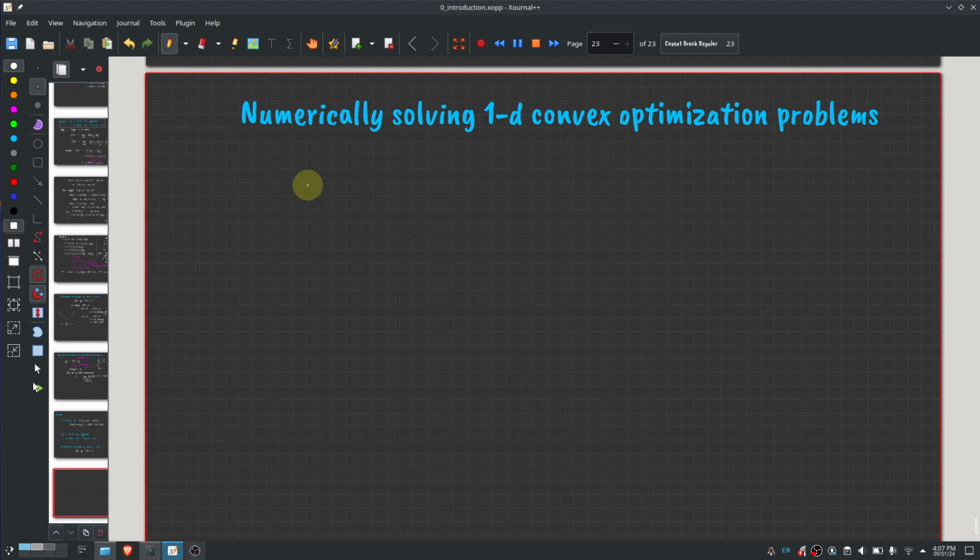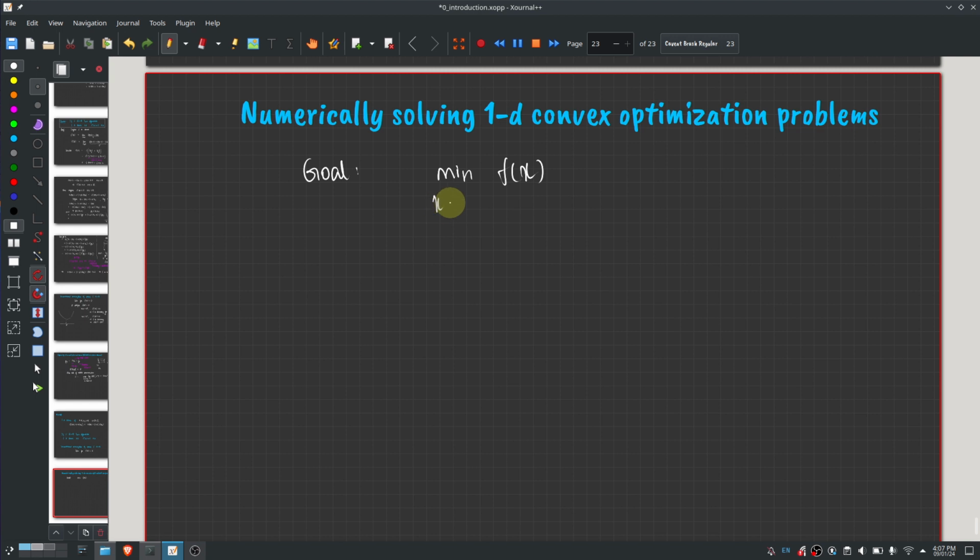So the class of problems that we'll see is going to take the following form. The goal is always to find the minimum of f of x, where f is some function over the reals.